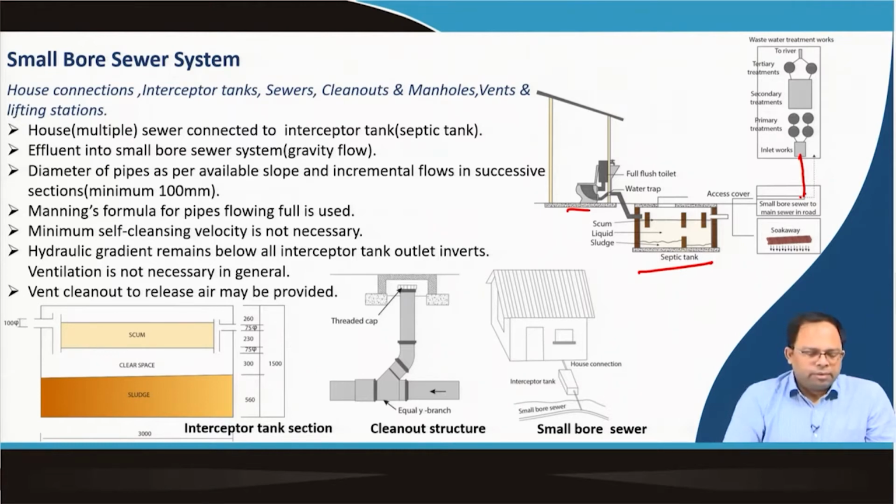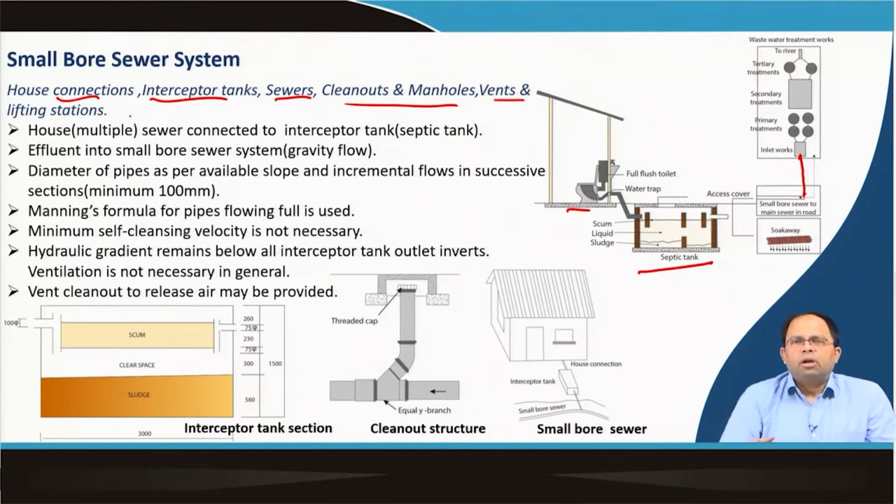So in this small bore sewer system, we have other components as well. We have the house connection part, an interceptor tank, then the sewers, then cleanouts, and if there is a sewer pipeline, there have to be certain cleanouts or manholes through which you can access the pipeline to clean for blockages, and then vents and lifting stations.